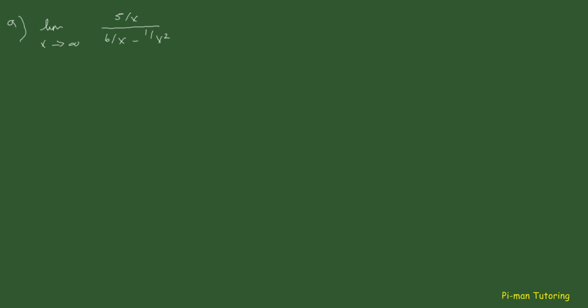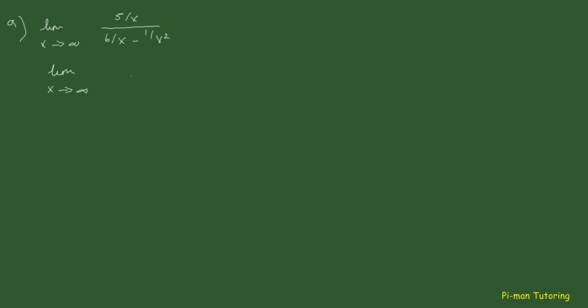Now if we substitute in x equals infinity, we get 0 over 0. So that doesn't work, but let's try multiplying top and bottom by x squared to give us something more familiar.